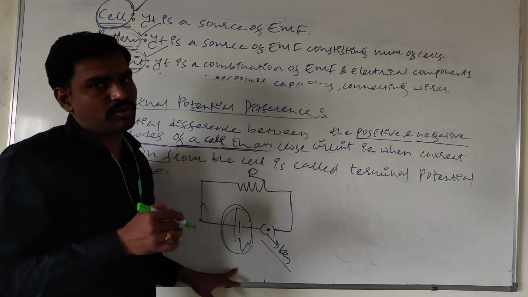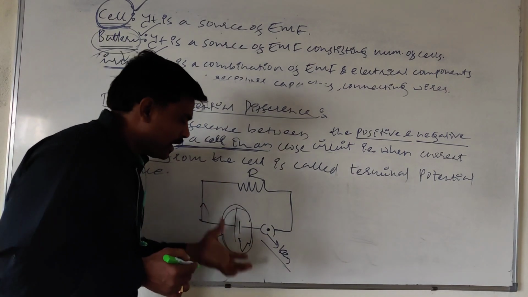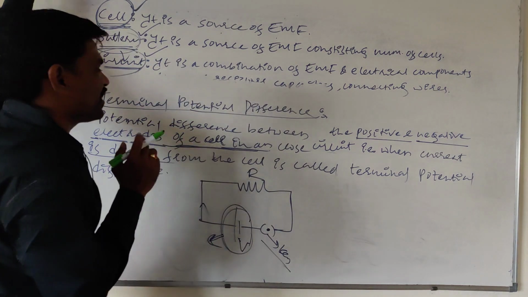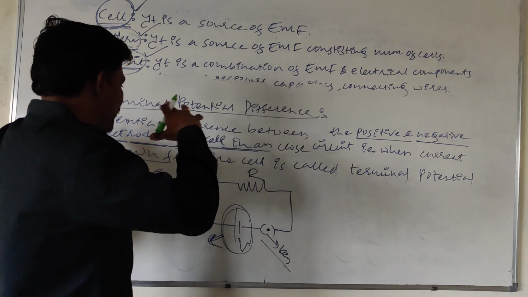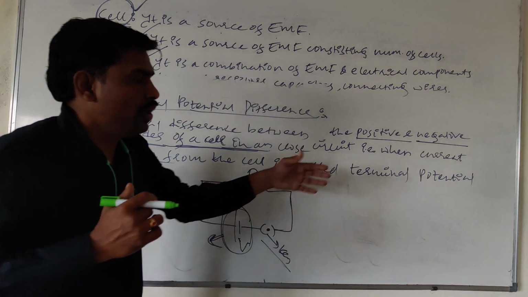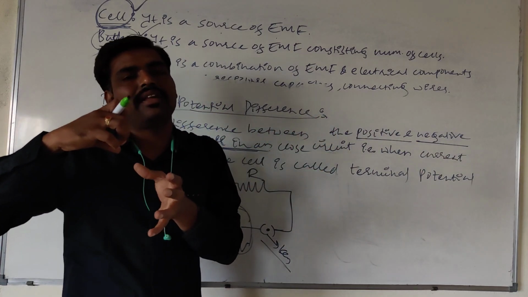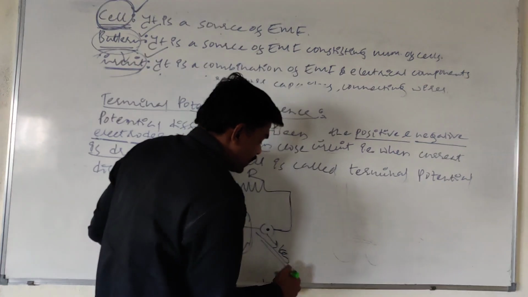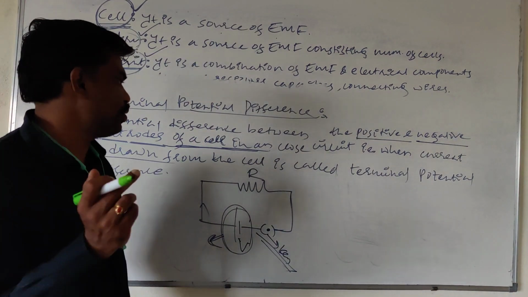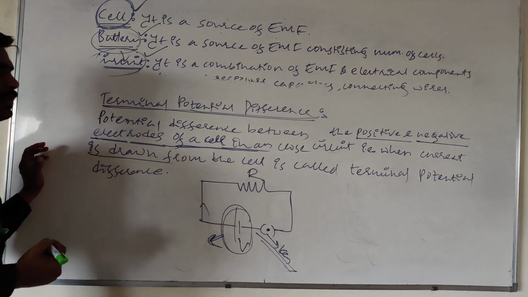When the circuit is closed, automatically what happens here? The potential difference between the positive and negative electrodes of the cell in a closed circuit. When the current is drawn from that cell, that is, when we put the key and the circuit is closed, this is called terminal potential difference.